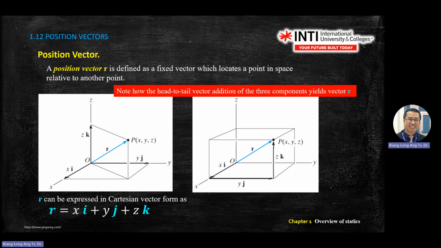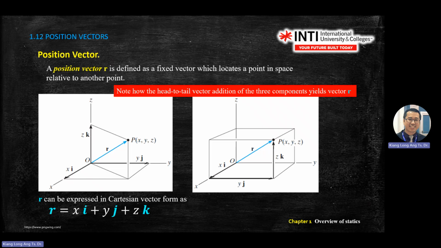So you don't touch the blue arrow. Then you try to think like you're assembling Lego. How do I move from this origin to this endpoint by using the black arrows? You have the loose pieces, x, y, and z. How do I use these x, y, and z to reach from the origin to the endpoint P?